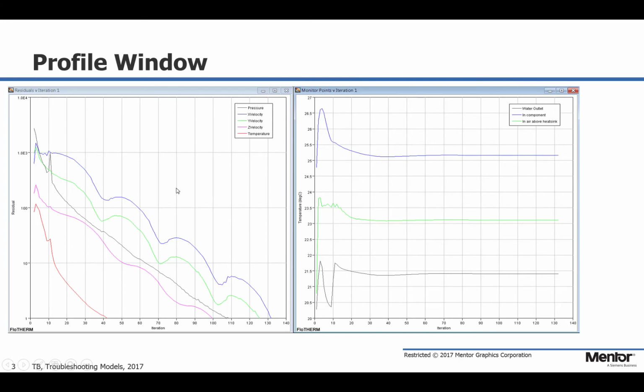For the residual plot, we have a series of lines which represent pressure, x velocity, y velocity, z velocity, and temperature. On the y-axis, we have the residual, and on the x-axis, we have the iteration. Now, once these residuals go down all the way to 1 on the y-axis for residual, Flotherm will report the model is converged.